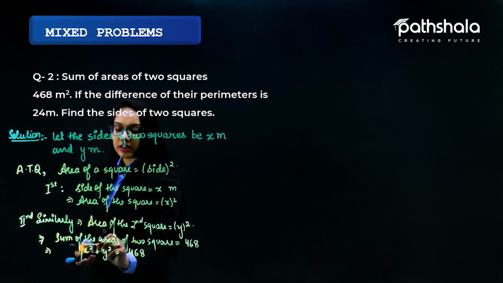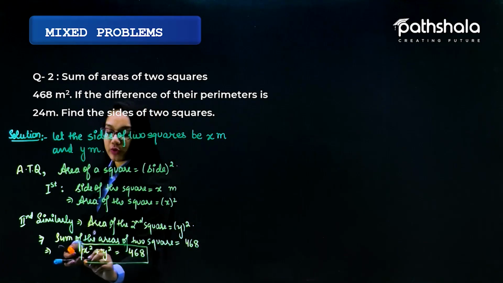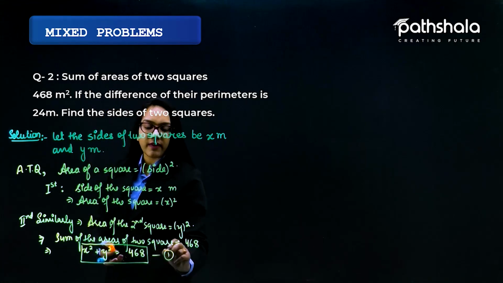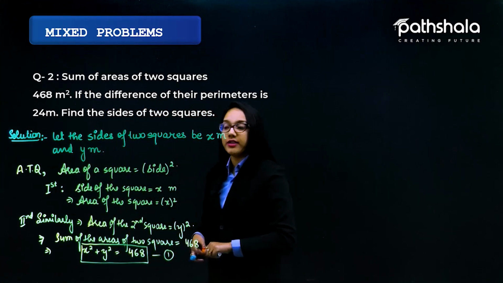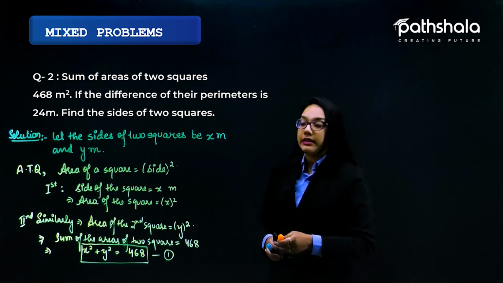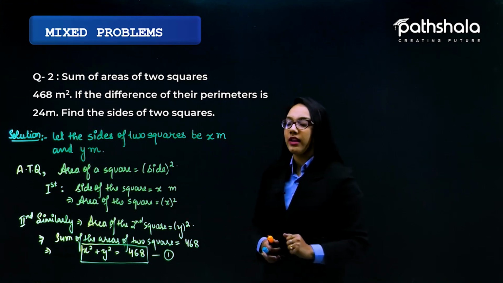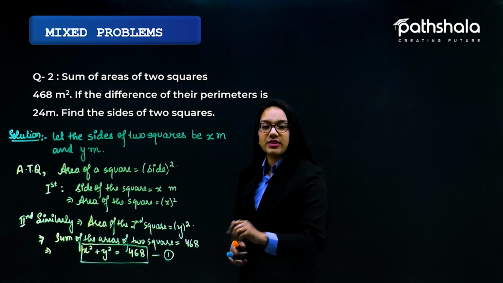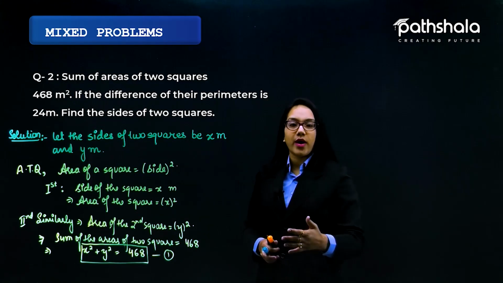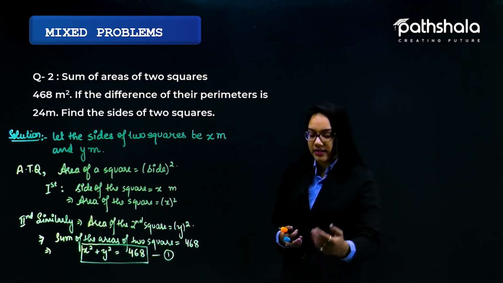This is the very first condition that we have, because the area of the first square is x square and the area of the second square is y square.